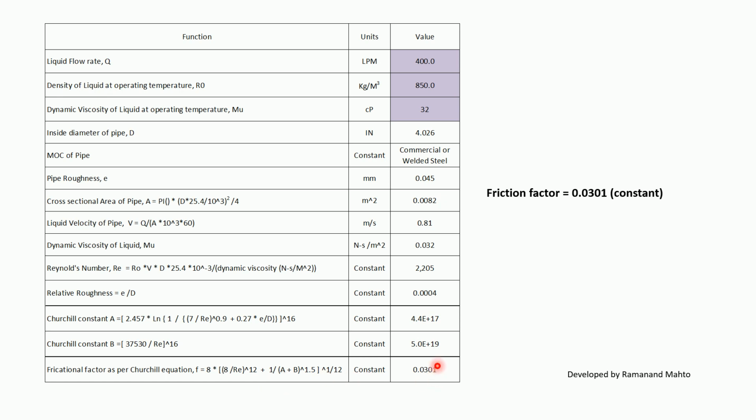So that's the friction factor as per Churchill equation, 0.0301.